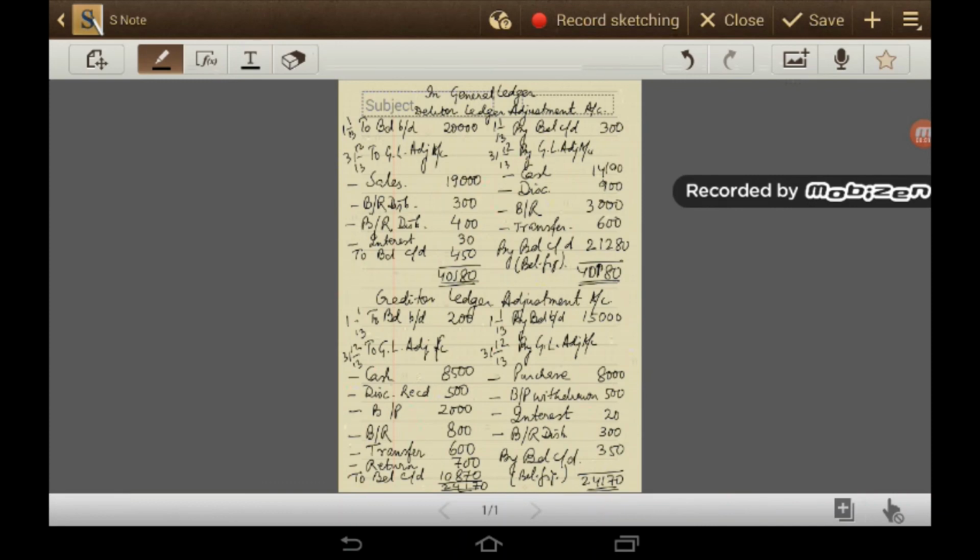Students are requested to follow the structure, because in this type of problem the structure is very essential. You need to understand properly what are the different figures or transactions that will appear in the debtor ledger adjustment and creditor ledger adjustment. While solving the problem, I have passed all the journal entries verbally, and you try to follow it.